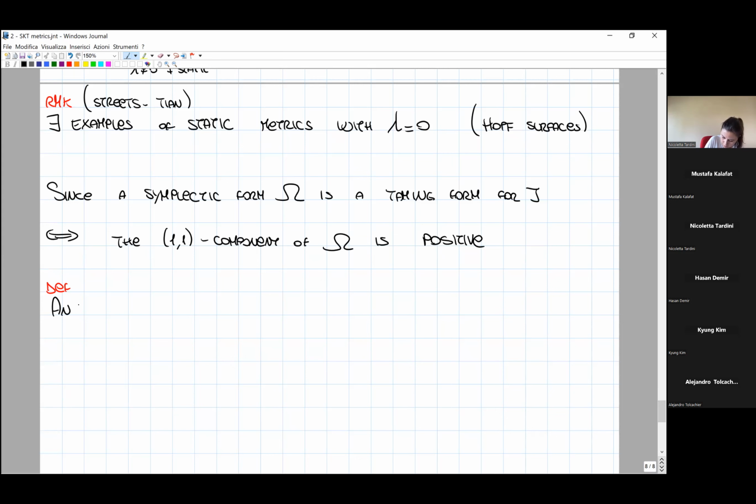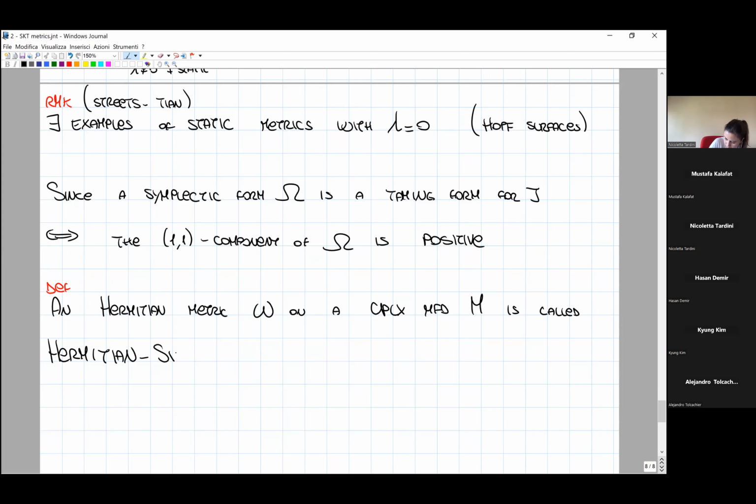An Hermitian metric omega on a complex manifold M is called Hermitian symplectic. So this is a new definition of special Hermitian metric.